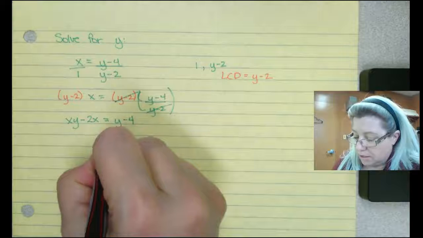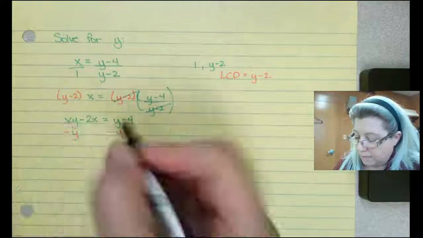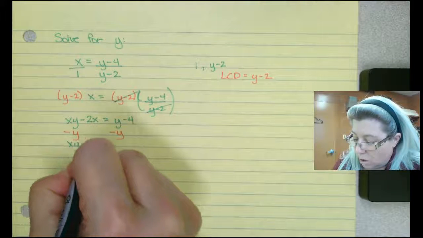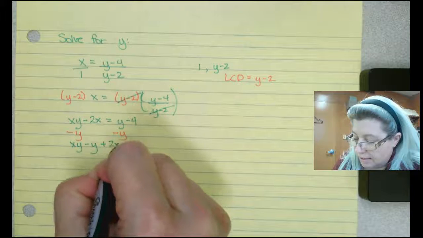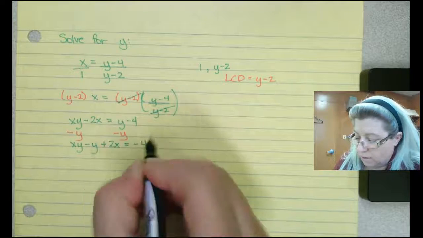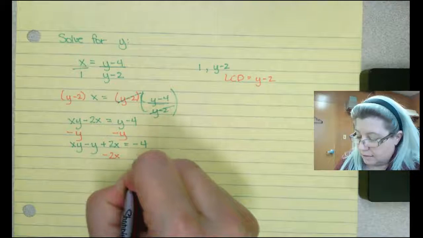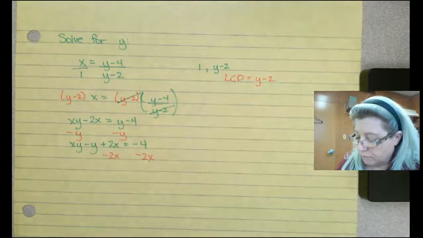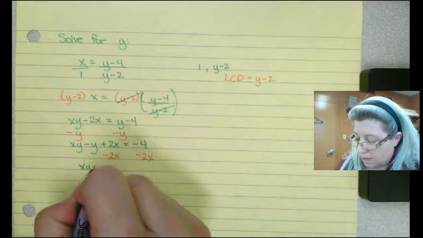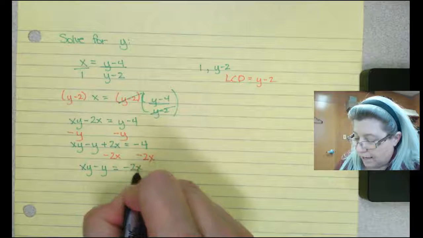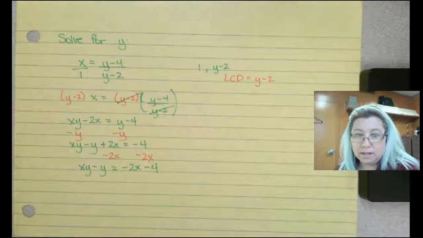Here's what I mean. I'm going to subtract y. That gives me xy minus y plus 2x equals negative 4. I'm going to subtract 2x, leaving me xy minus y equals negative 2x minus 4. Okay.